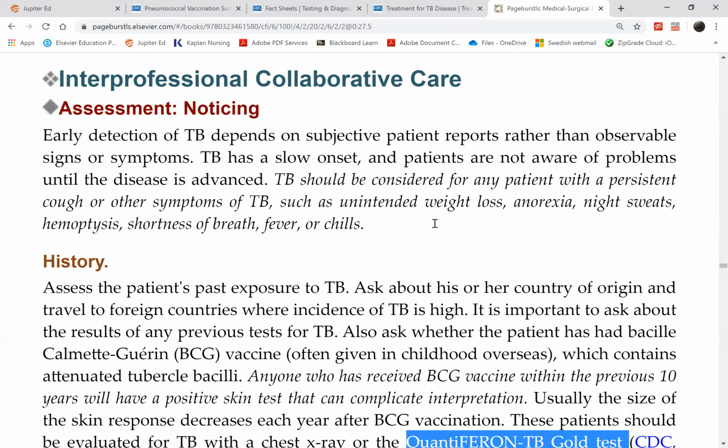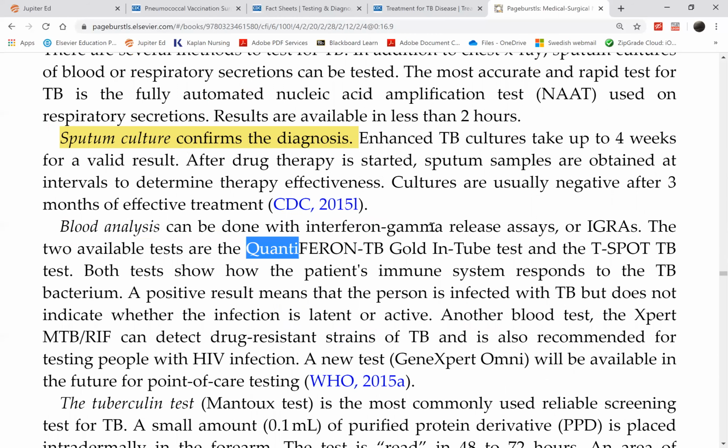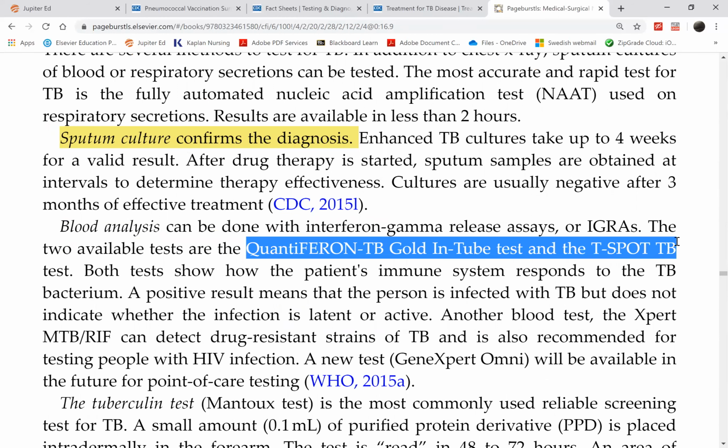So for the symptomatic patient who has active TB, the only way we can confirm that is to get a sputum culture. And if that grows TB, then it's positive. If you have no symptoms and you turn positive from either a PPD, the QuantiFERON, or the T-Spot TB test, none of these tests confirm you have TB.